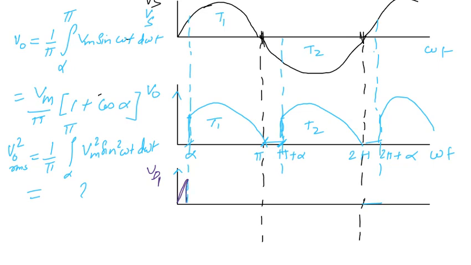The shape will be Vs, but from here this value is 2 Vs. Remember that always, whatever the value is here, it is twice of Vs. Similarly, during the period pi to 2 pi, T2 does not conduct. When T2 does not conduct, the voltage will be twice Vs.